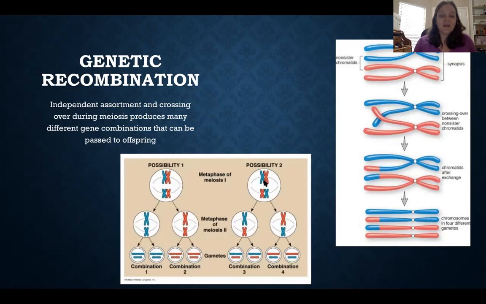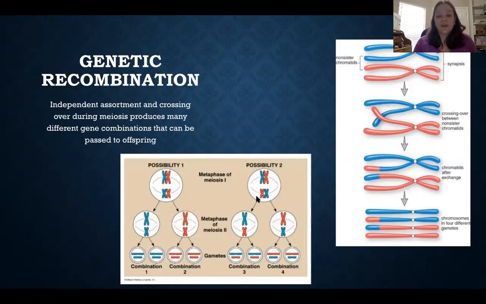And this one here is showing independent assortment. We could have these chromosomes line up so that the two that are both from dad are on one side and the ones from mom are on the other side, and then you get one set of gamete combinations.